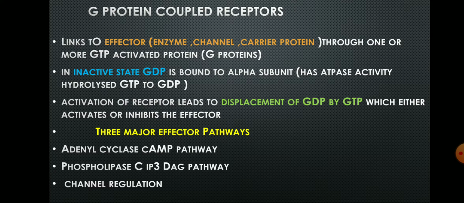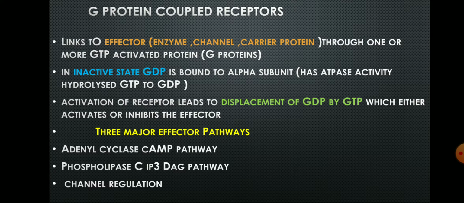Now that alpha subunit has ATPase activity. What it does is hydrolyze GTP to GDP. So why is GDP attached to the alpha subunit in the inactive state? Because the alpha subunit has GTPase activity, it converted GTP to GDP, and the GDP remains attached.